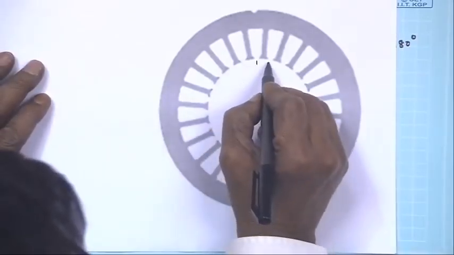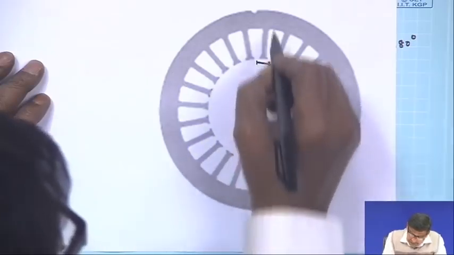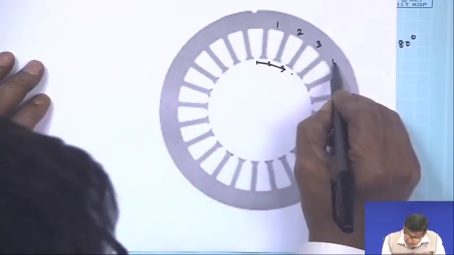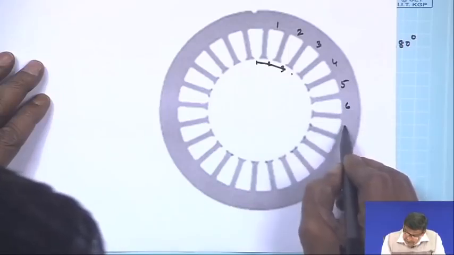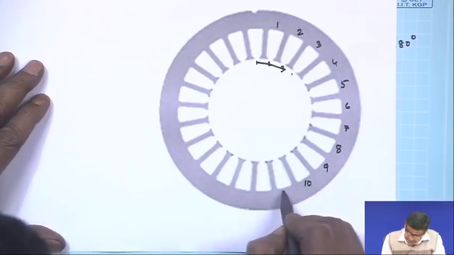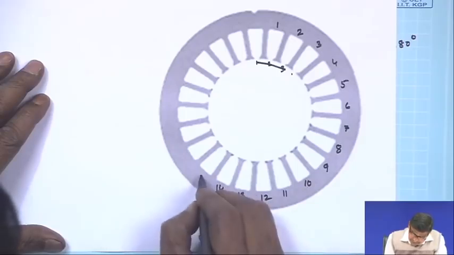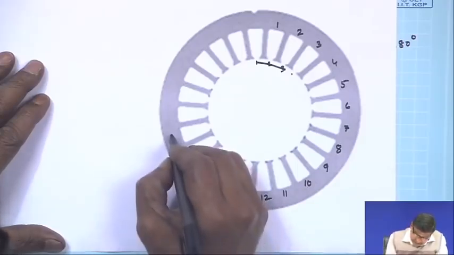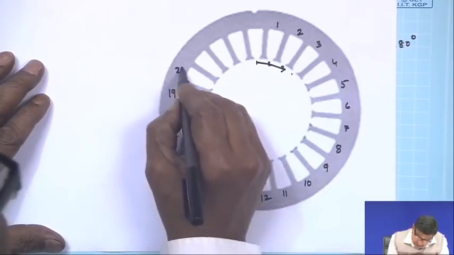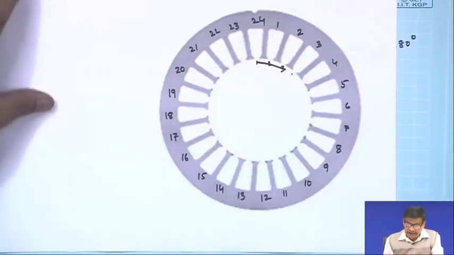See, these are the 24 slots. So, this is 1, this is 2, this is 3, or I will write here 1, 2, 3, 4, 5, 6, 7, 8, 9, 10, 11, 12, 13, 14, 15, 16, 17, 18, 19, 20, 21, 22, 23, 24. 24 slots are there.